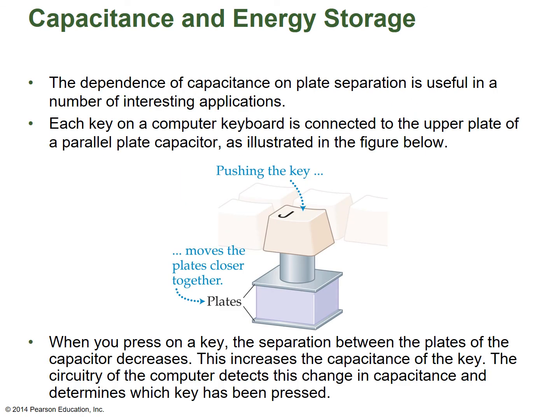Okay, this is a key on the keyboard. This is a button on a keyboard. A button on a keyboard is a capacitor. So look at this figure. The dependence of a capacitance on a plate separation is useful in a number of interesting applications.